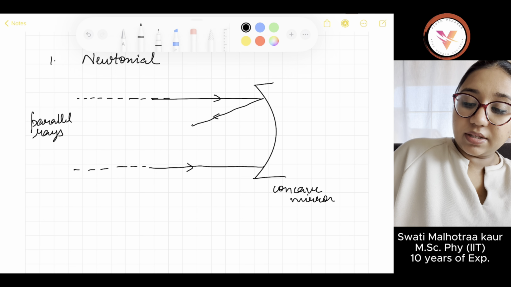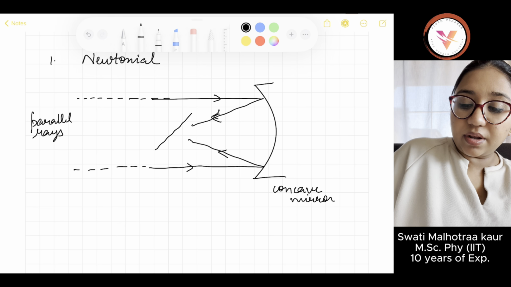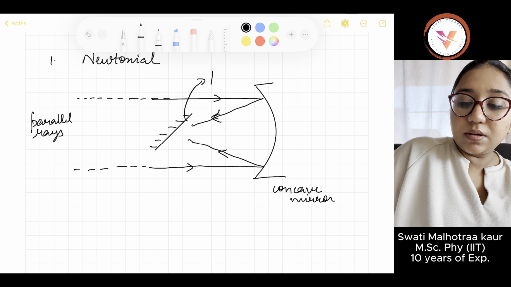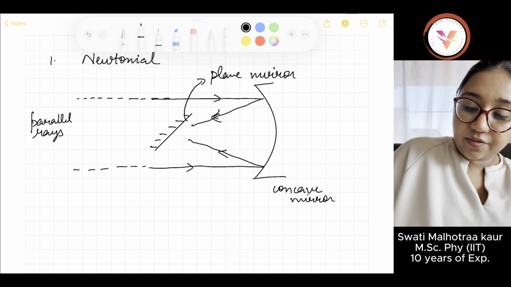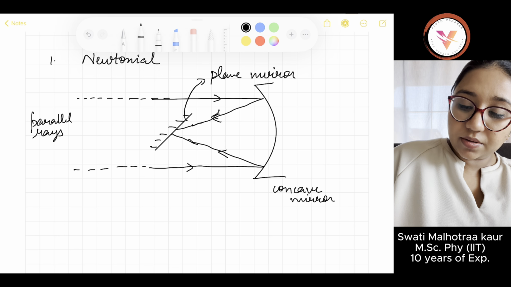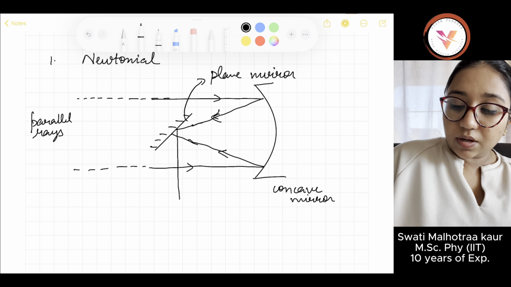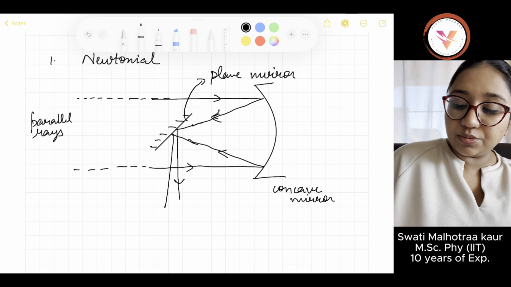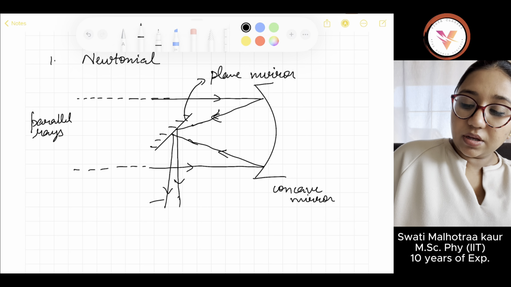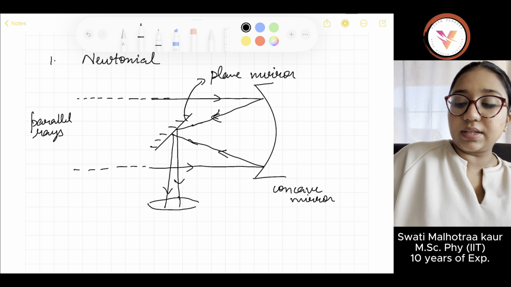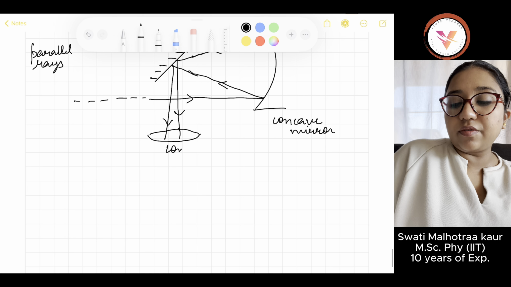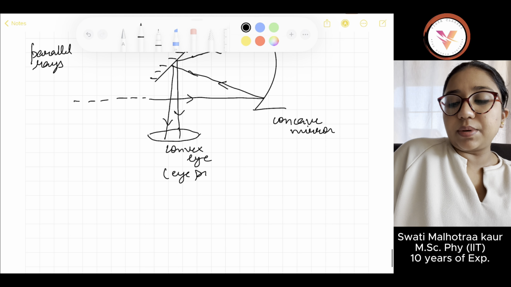To obtain this he put a plane mirror here, and after reflecting from the plane mirror, it goes somewhere here, which is captured by my convex eyepiece lens. This is a convex lens, which is basically my eye lens, the eyepiece.